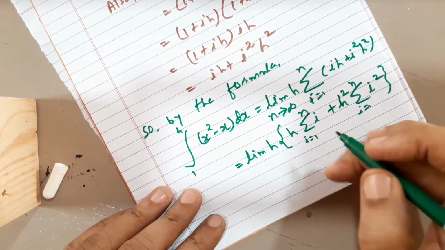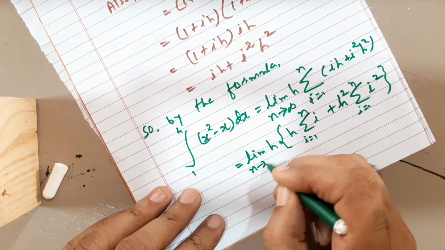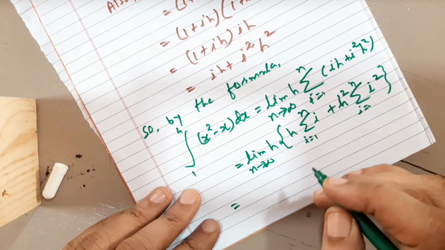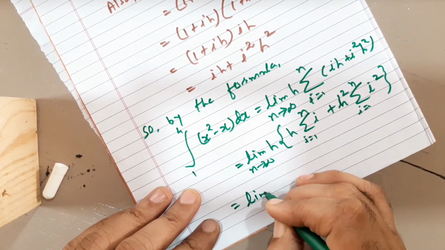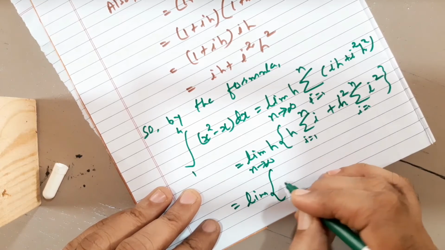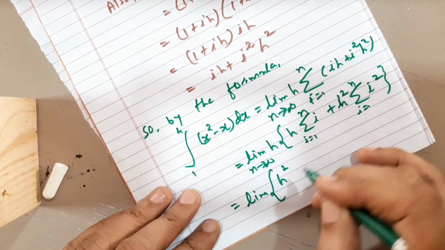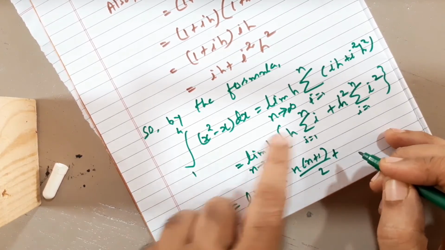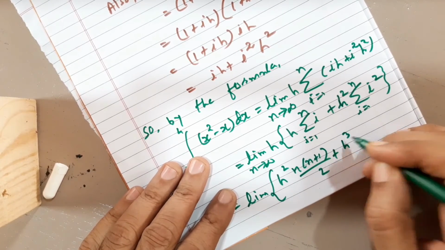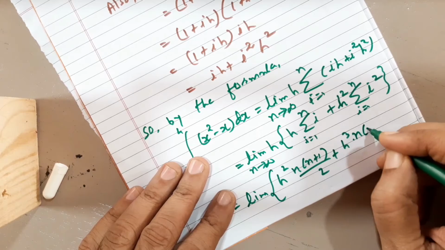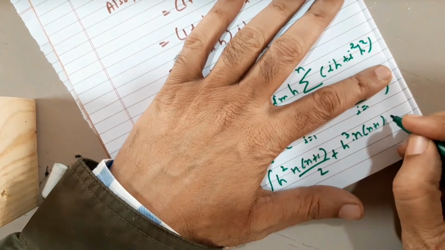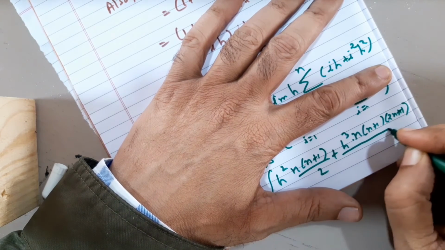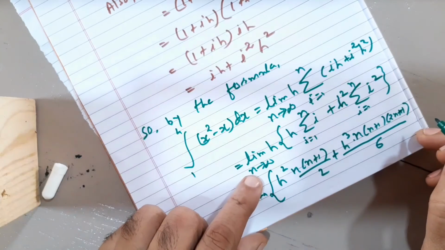And now I can put the formula here. Not only the formula, but this h also I will take inside. So it will be limit, I take h inside. So it will be h square, then sigma i formula n into n plus 1 by 2, plus this h goes inside, it will be h cube, and sigma i square, that is n into n plus 1 into 2n plus 1 by 6. Okay, right, and then bracket over.